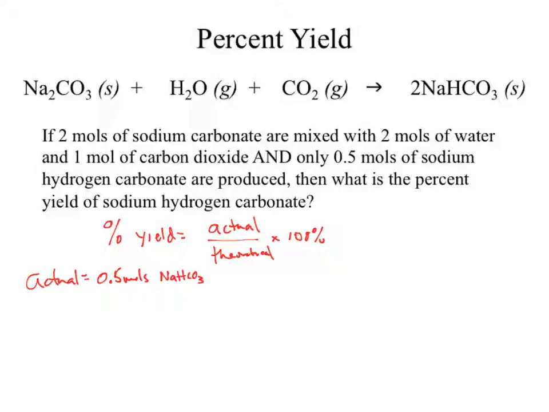Okay. So what do we need to do? Calculate your theoretical. I need to know what the theoretical is. How do I determine the theoretical? What units do I need on the theoretical?